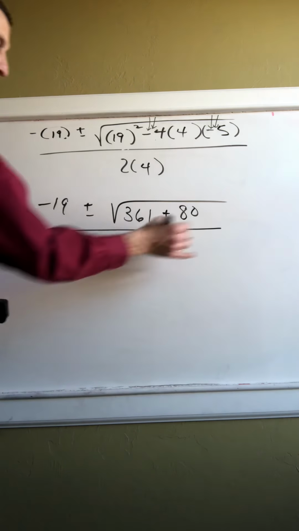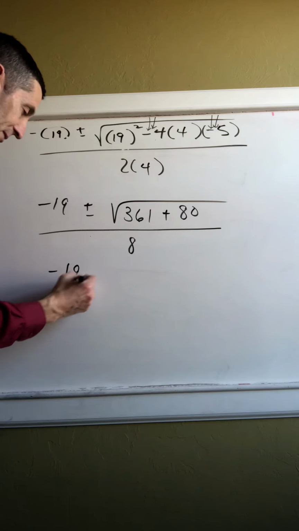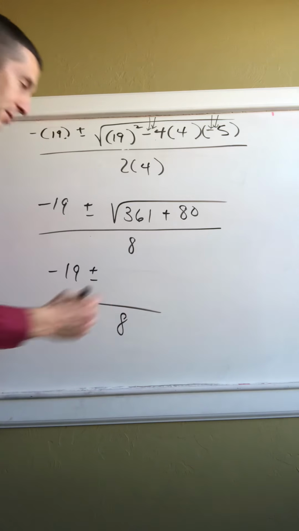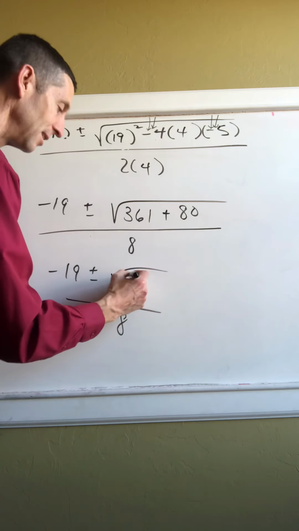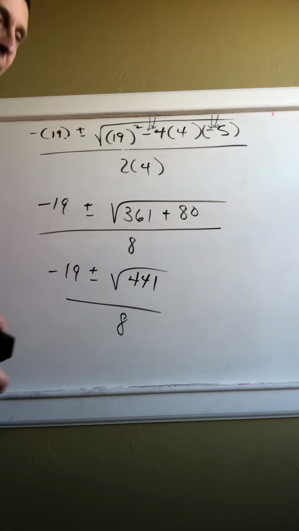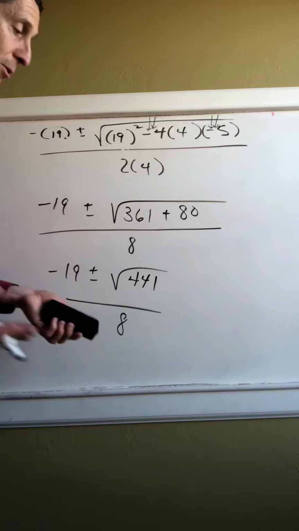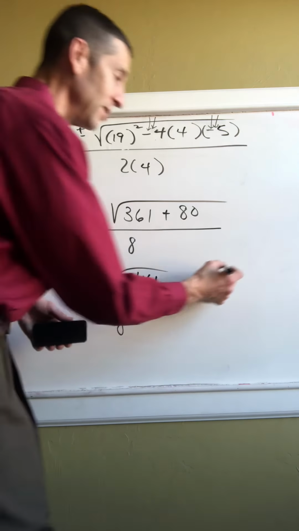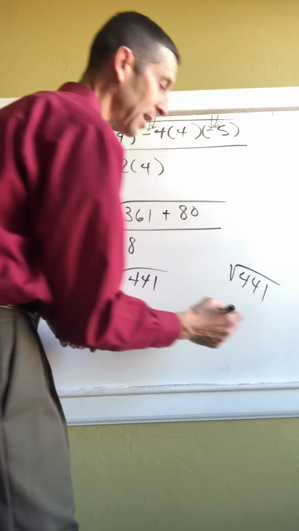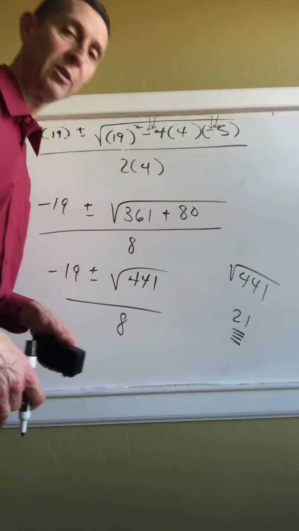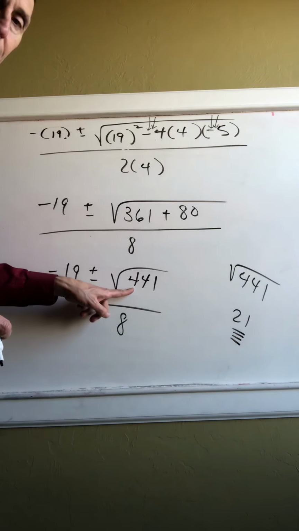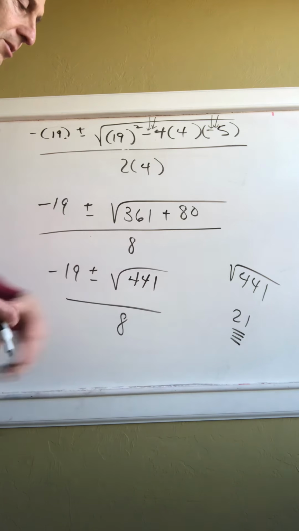So here we go. Look at this mess right here. You've got negative 19. You've got the 8 on the bottom. You've got 361 plus 80. You've got 441 underneath there. A normal person will be scared of 441, but it works out. The square root of 441 is just 21. So it looked terrible, but it actually turns out to be a nice number. It turns out to be 21.